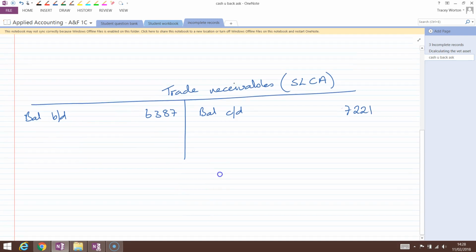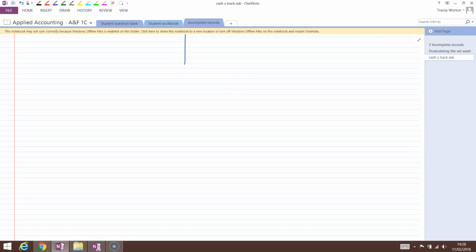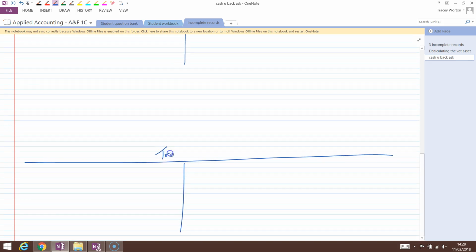And then finally we're going to open up a trade payables account. Again, leave yourself enough room. So this is the purchase ledger control account, so suppliers on credit.